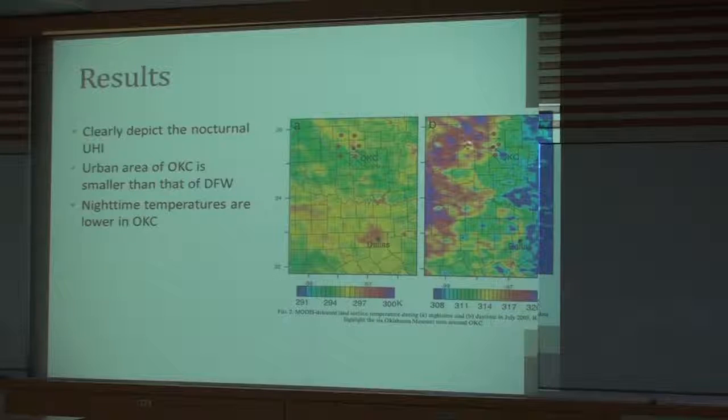This is nighttime and this is daytime. In the daytime you can see that the urban heat island effect is not clear, because this is also a mountain area. But in the nighttime it's quite clear that Oklahoma and Dallas have temperatures in the city core that are much higher than the surrounding area.